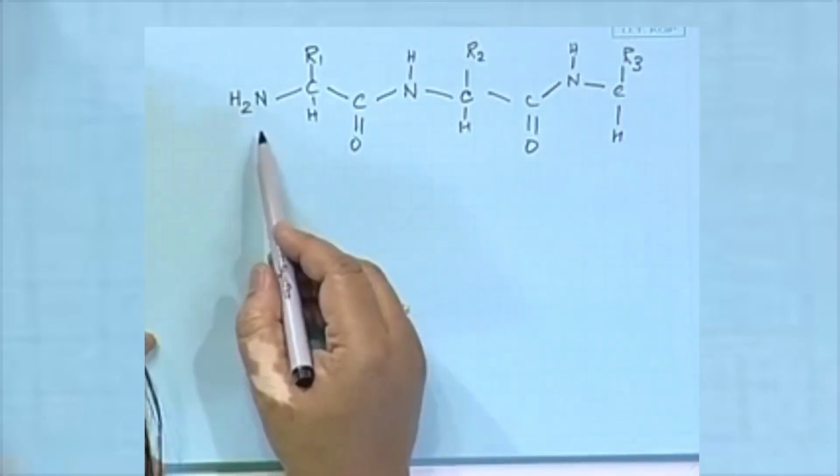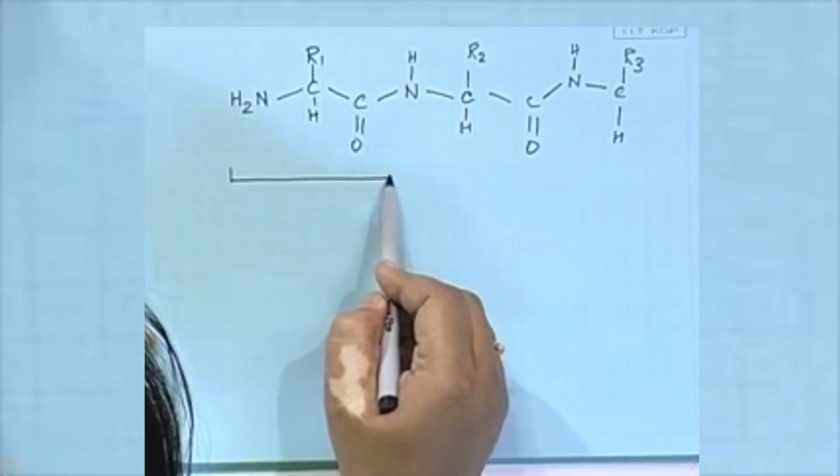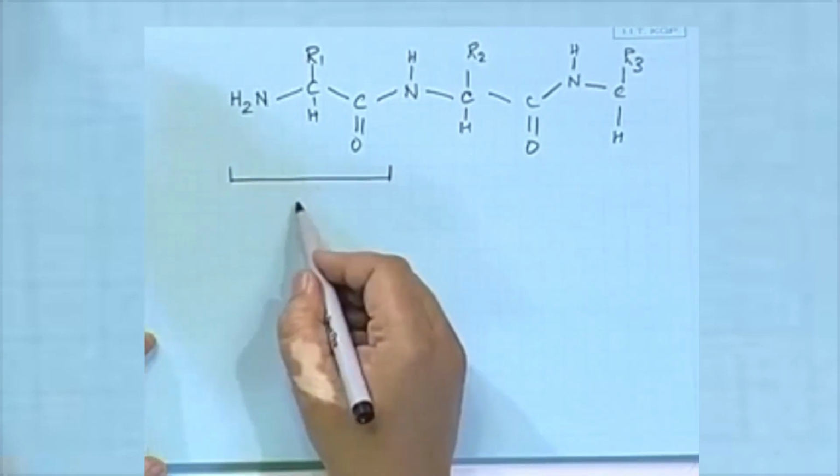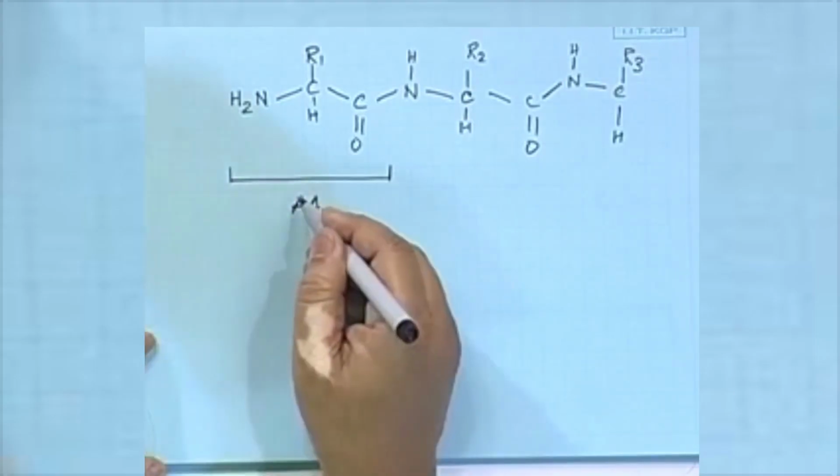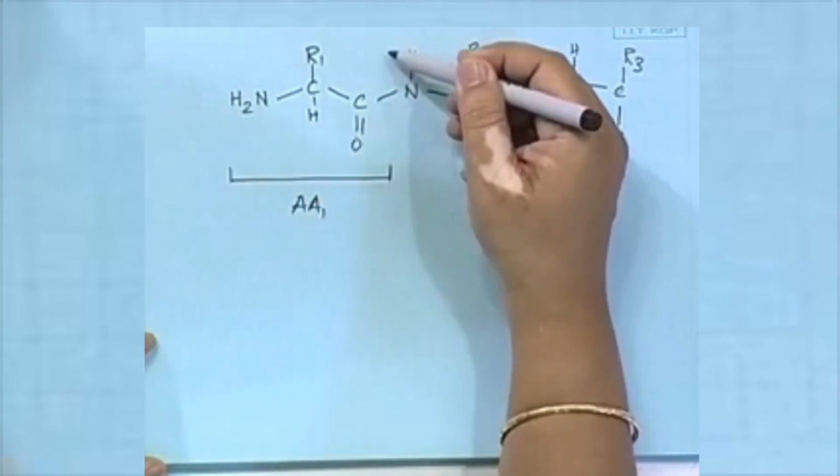So this one is amino acid number 1. What Edman degradation does is it chops off here.